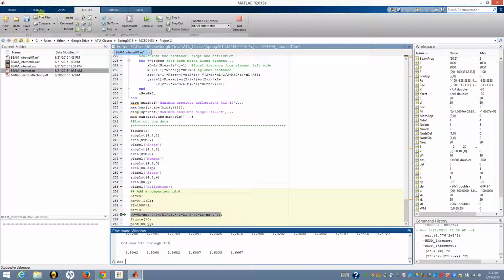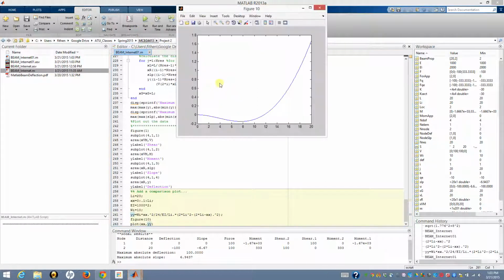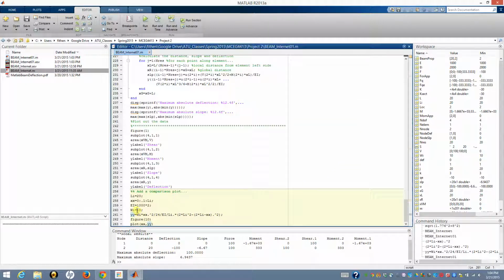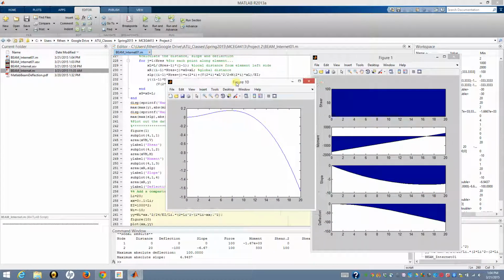Okay, I think I'm okay now. Save it, run it, complete it out. Put a minus there. So already I'm suspicious about this because that doesn't look normal.